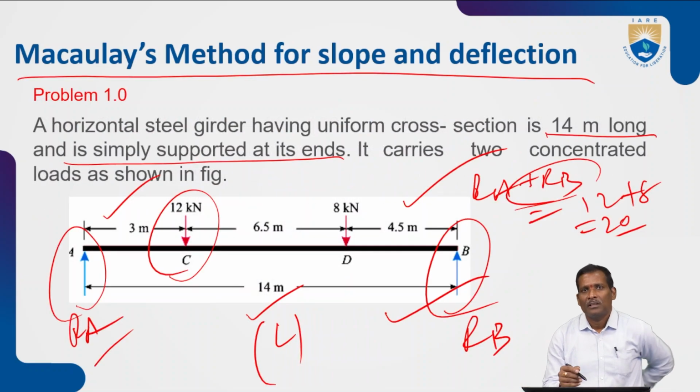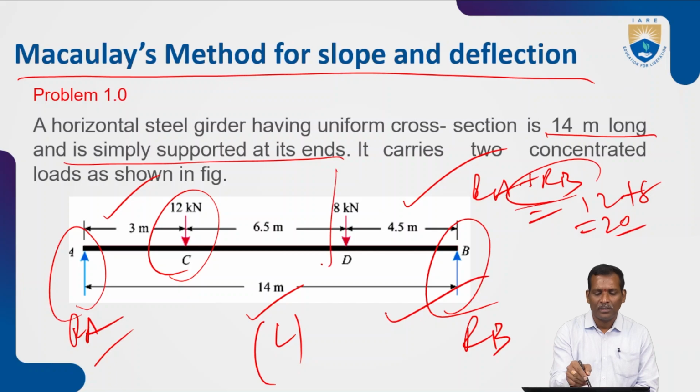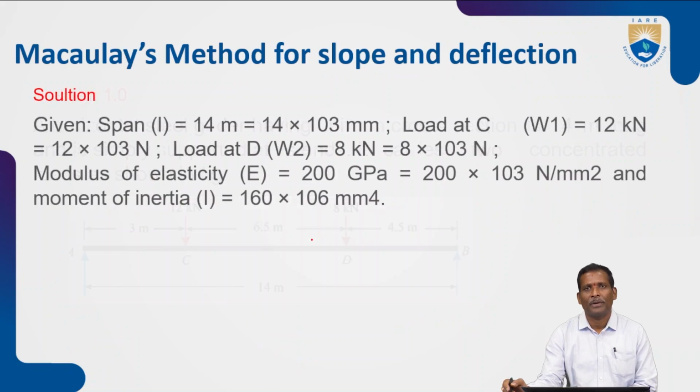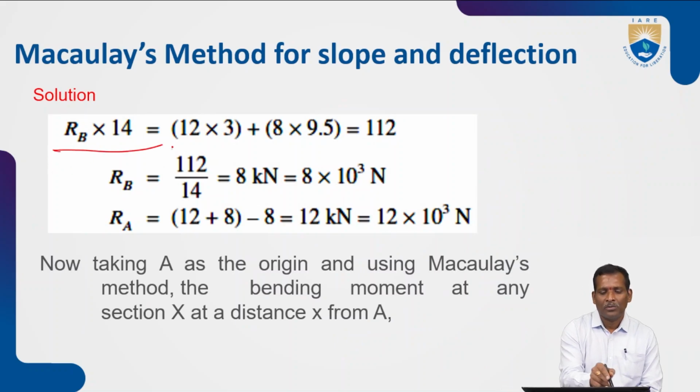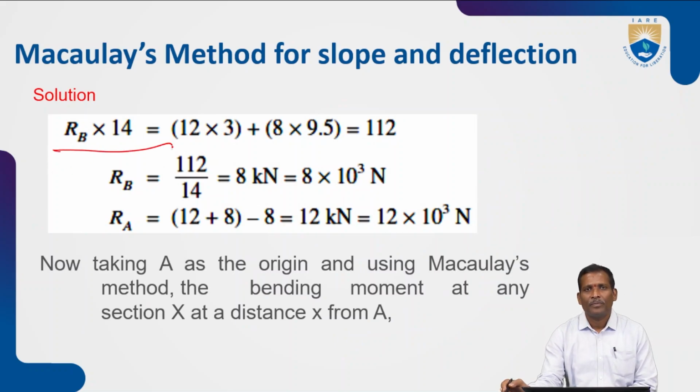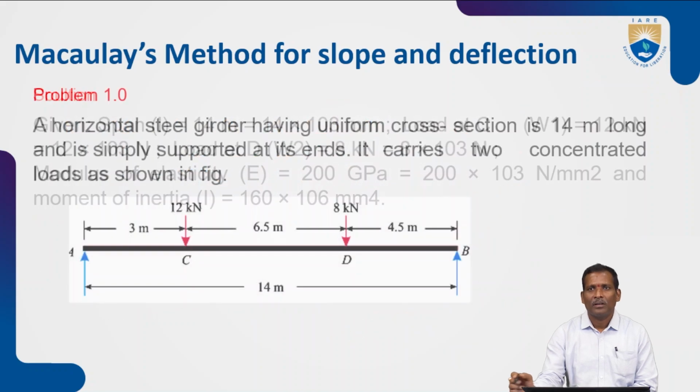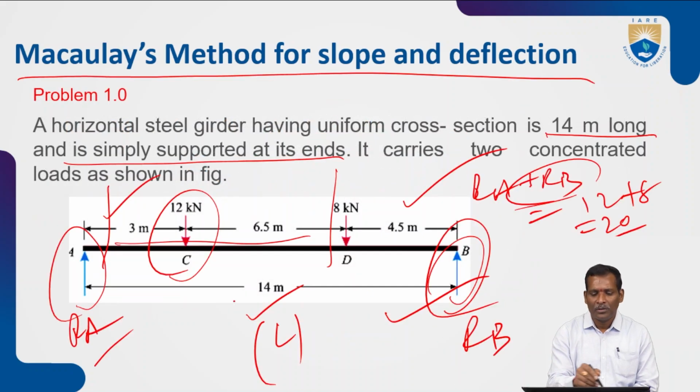Here, taking moments about A: 12 into 3 plus 8 into, the remaining 6 plus 6.5 plus 3, 9.5. So RB into 14, RB into the entire length.